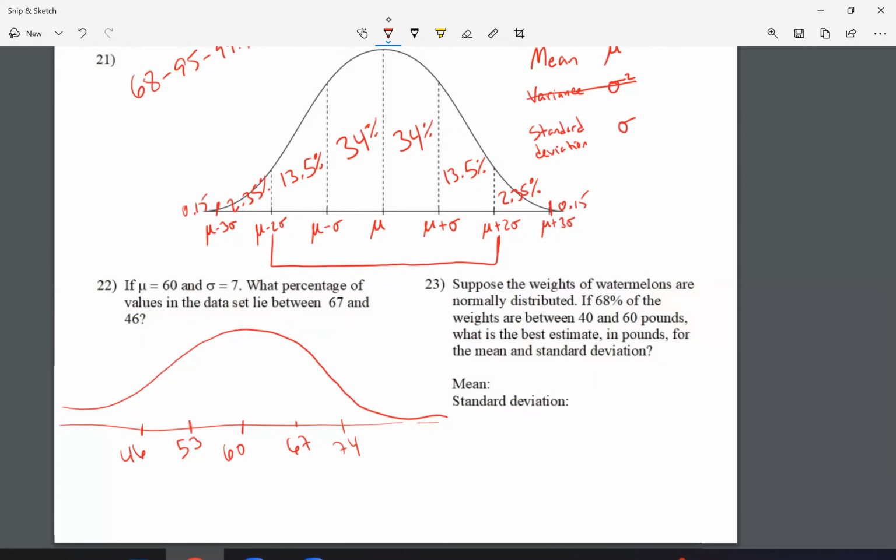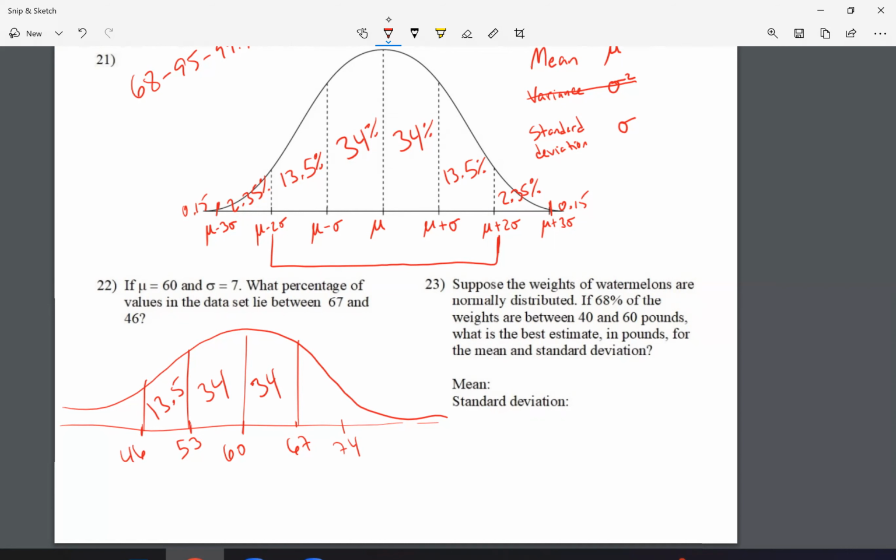Okay, so now look. I want to know what percentage lies in between 46 and 67. Using our table above, I know this is 34 and this is 34. And this one right here is 13.5. So just add everything.